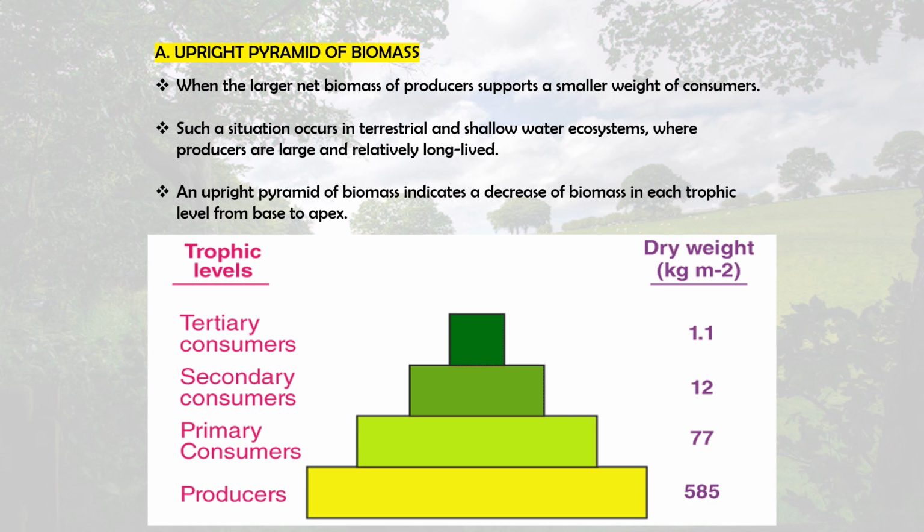And the upright pyramid of biomass also indicates that there is a decrease of biomass in each trophic level from base to apex. Here, the pioneer or newly established communities generally have fewer consumers in comparison to the producers. So in that case also, the pyramid of biomass will be upright.